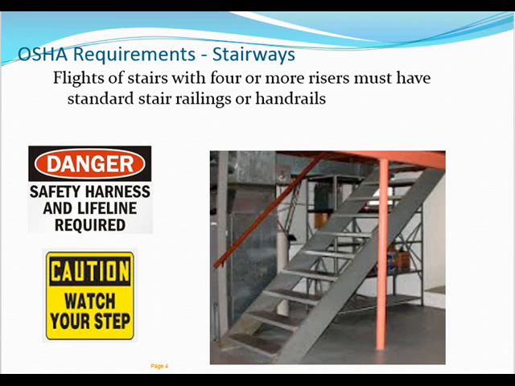Must have at least one stair rail on one open side. Must have at least one stair railing on each side if both sides are open. Stairways with 4 or more risers that are more than 44 inches wide but less than 88 inches wide must have one handrail on each enclosed side and one stair railing on each open side.